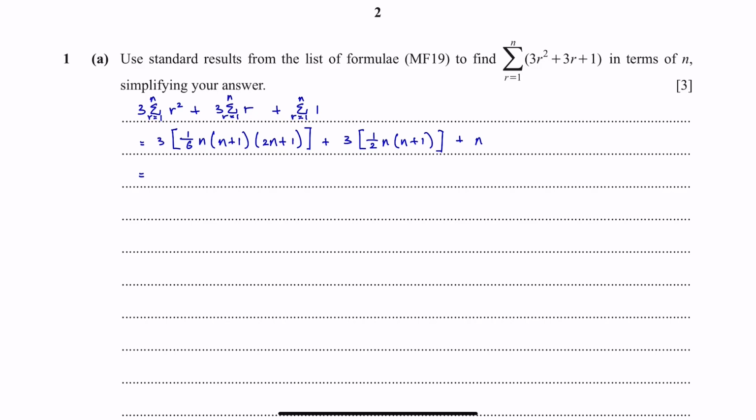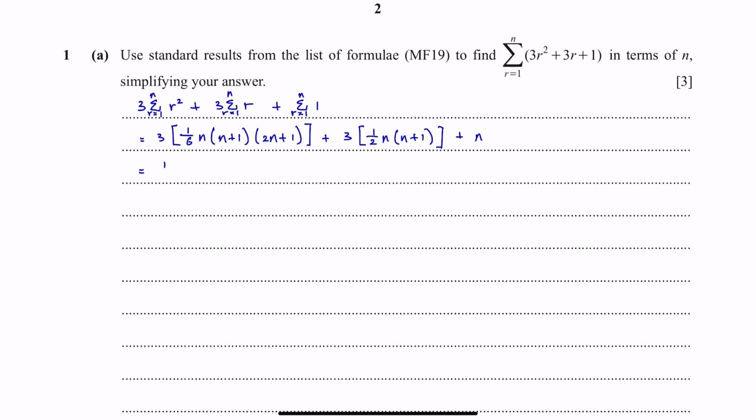So we can expand the brackets now. 2n squared plus 3n plus 1 plus 3 over 2 n squared plus 3 over 2n plus n.